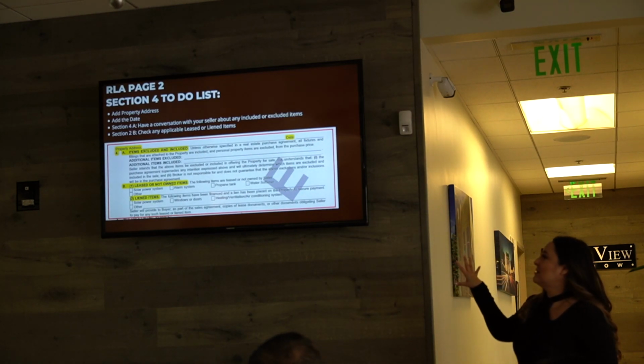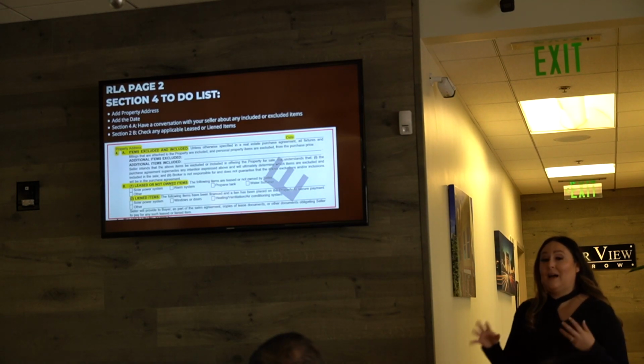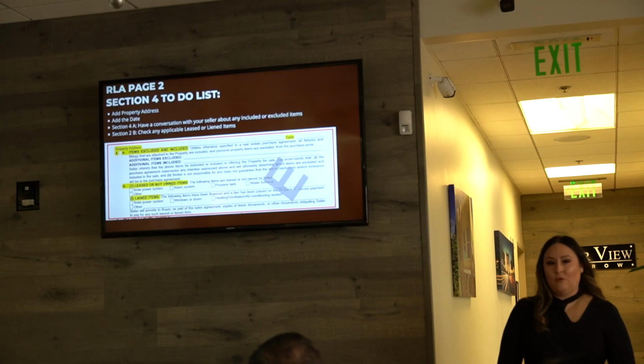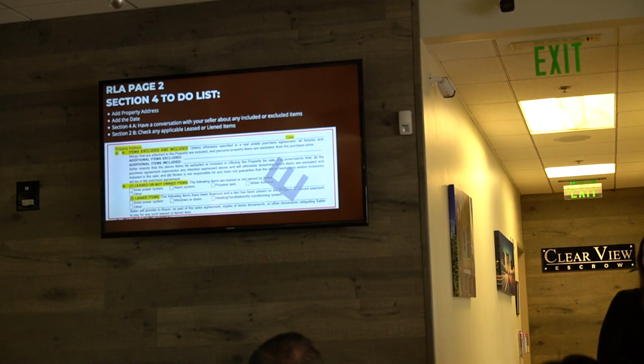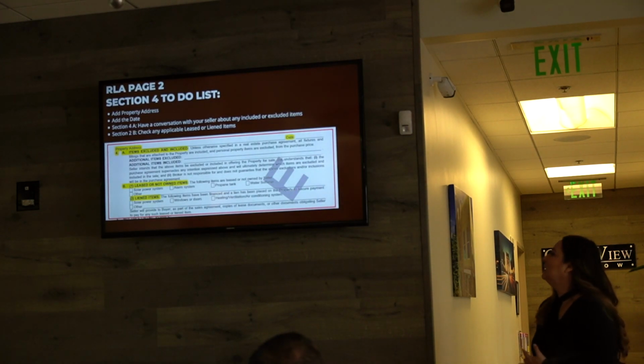Anything on this listing agreement, make sure you put it on the excluded line on the MLS, so that expectation is already there. And also put it in your counter offers. We don't write the contracts, but put it in your counter offers just as an FYI: I know I put it on the MLS, but certain items are excluded from the sale.